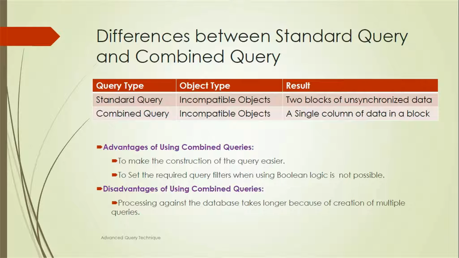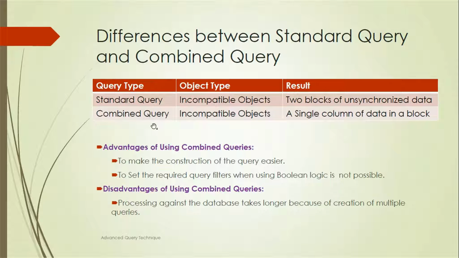Now let's see the differences between the standard query and combined query. This table has query type, object type and results. The first one is the standard query. The object types used in the standard query will be incompatible and the results will be two blocks of unsynchronized data.